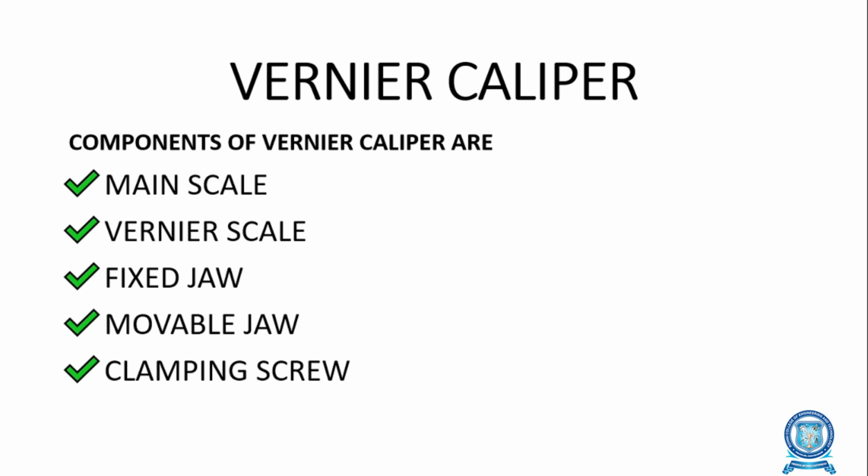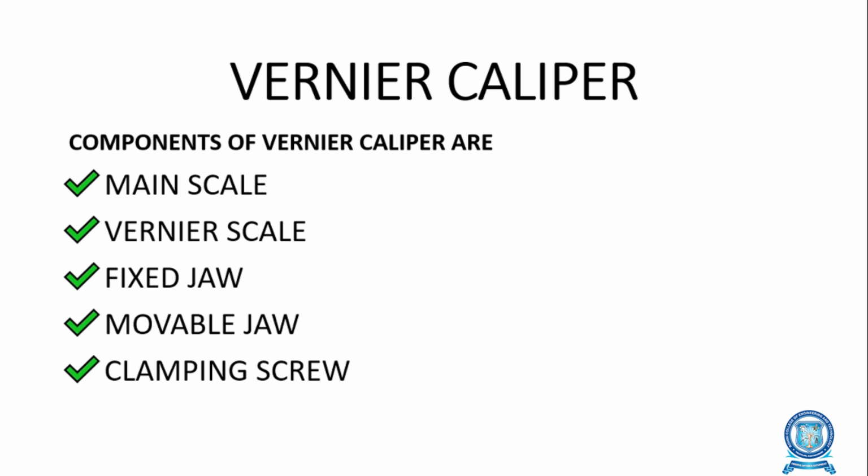Before we move on to the vernier caliper, we should know what vernier instruments are. Vernier instruments have two scales of different sizes which are used to measure dimensions with high accuracy.